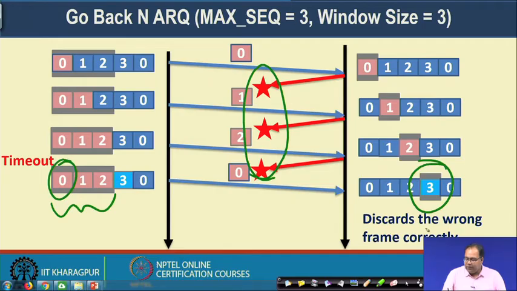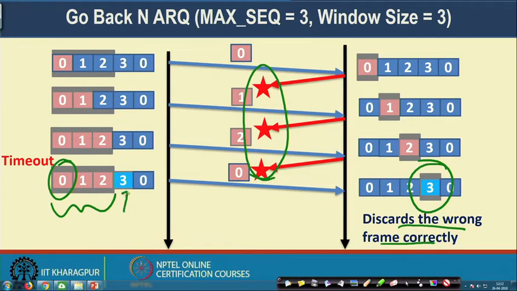So, it will be able to discard the wrong frames correctly and send an acknowledgement to the sender saying that these frames I have received. So, it will be able to find out that the sender has possibly not received the acknowledgement, and it will retransmit those acknowledgements. If the sender gets back those acknowledgements, then the sender can shift the window further and start transmitting the data from frame 3.